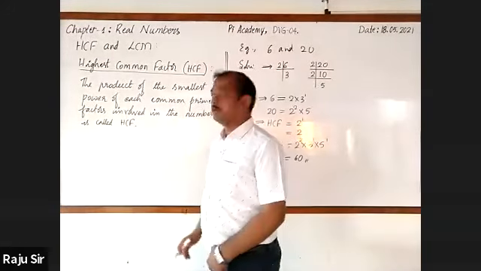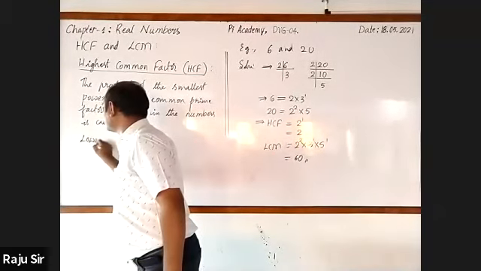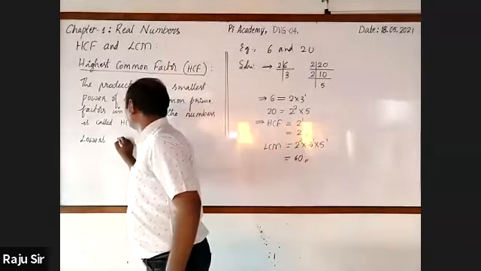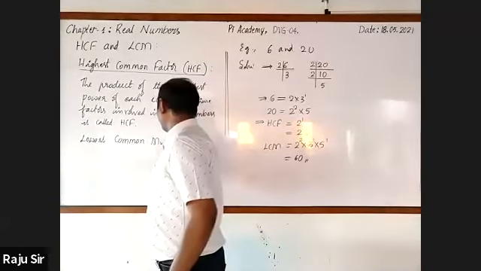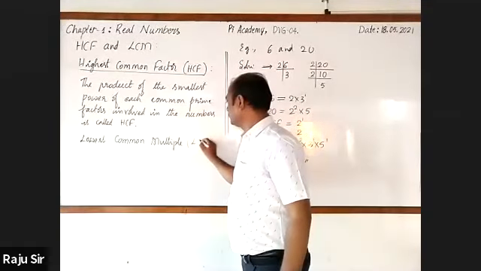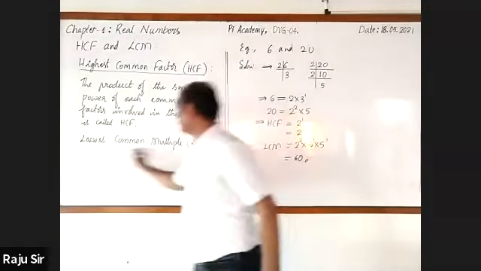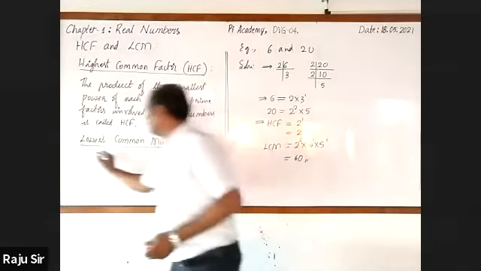Next, write the definition of LCM. That is lowest common multiple. Write the side heading. Lowest common multiple. In bracket, write it as LCM. It is heading. Let's write the definition. Right.